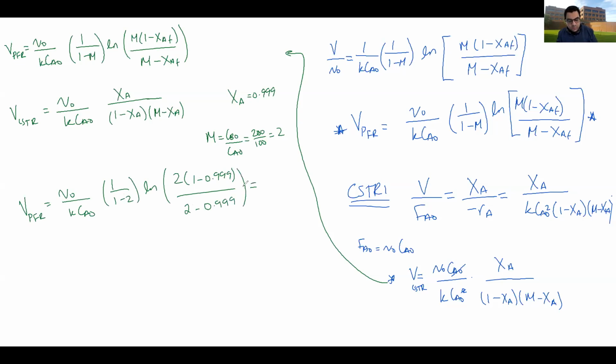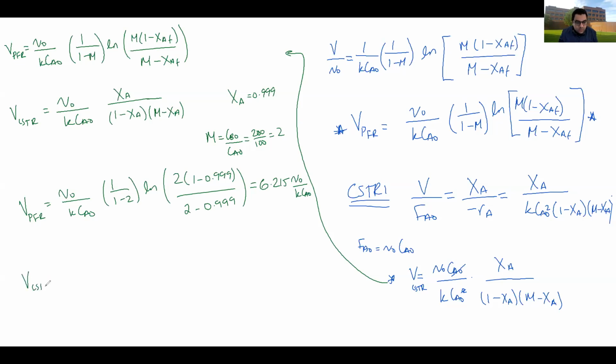And this number is going to give me what? 2 multiplied by 1 minus 0.999 divided by... divided by minus 1, right? So here I get 6.215 V naught over K CA naught. So this is the expression for the PFR.